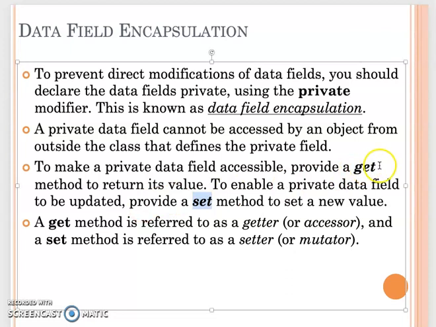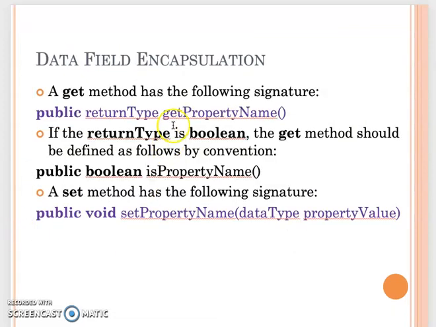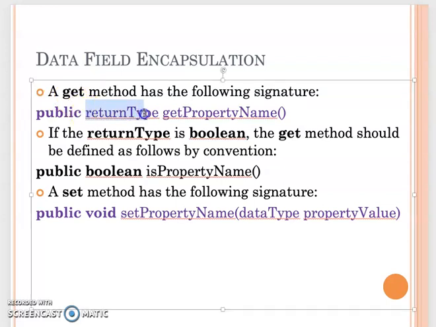Usually the get method we call a getter function. The set method we call a setter or mutator. For the get method, we have the following signature. The return type is the data field type, and then we use get and the property name, for example, getRadius.